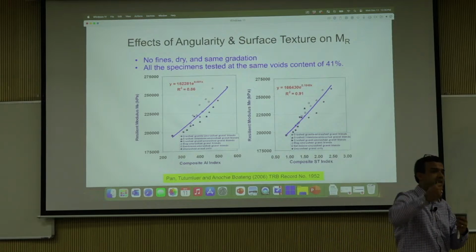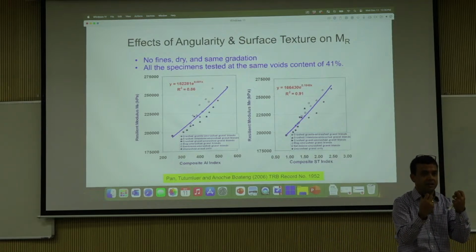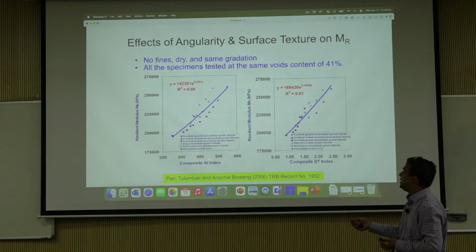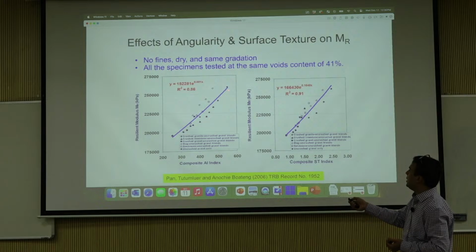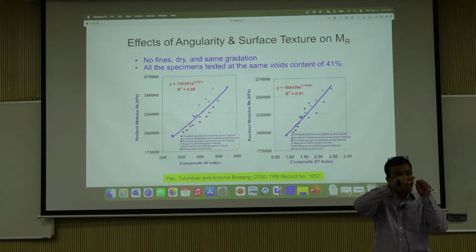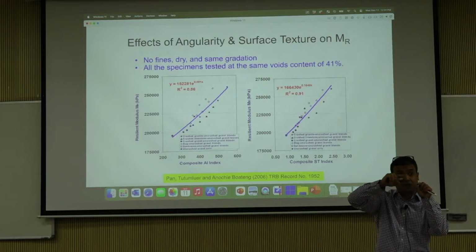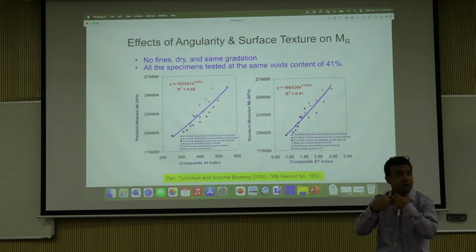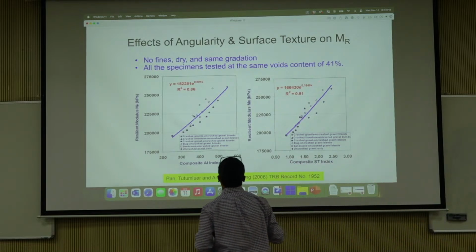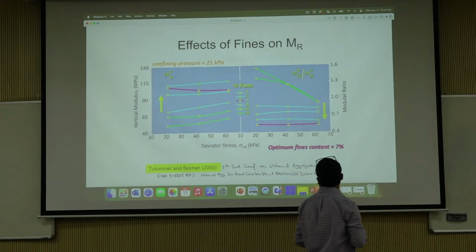Higher angularity index means it's a very angular material. Lower means it's uncrushed kind of stuff. As the angularity index increases, resilient modulus increases significantly. As the surface texture increases, now I am talking about the roughness of the surface, that also increases your modulus. You see that significantly here.